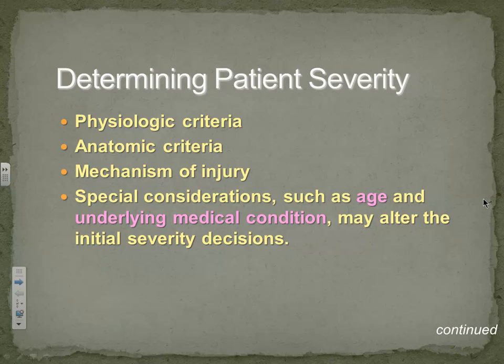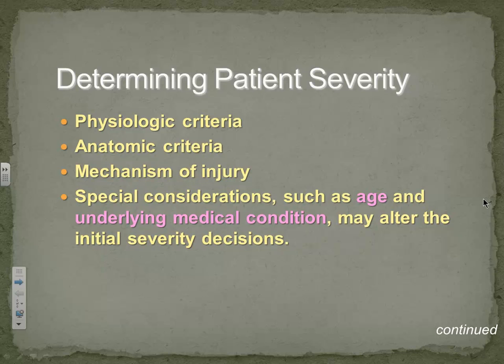But there are some other things that we're going to factor in, such as age. The severity of a patient that's 85 is going to be different than the severity of a patient that's 25 that's sustained the same injury. Why do you think that is? An older person can't compensate as well. They don't compensate well at all because all their body systems are weaker.